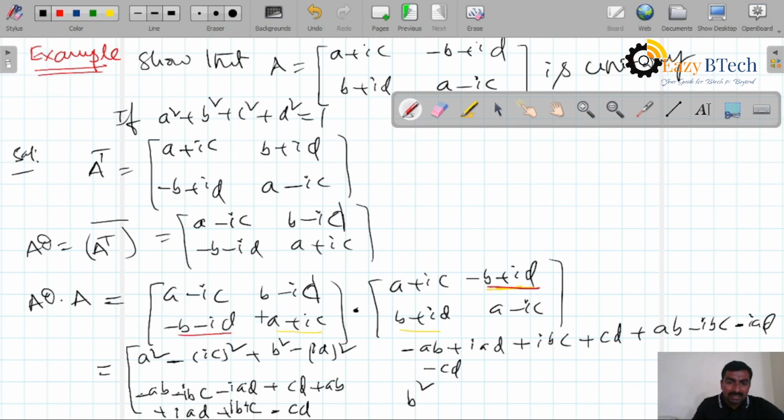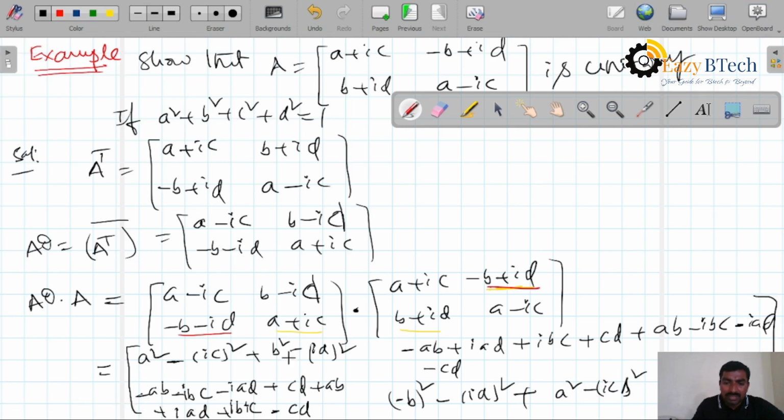Because this is A minus B and A plus B. A minus B into A plus B, according to that formula, A square minus B square. Plus, here now come to these two, A plus IC into A minus IC. This is also A square minus IC square.